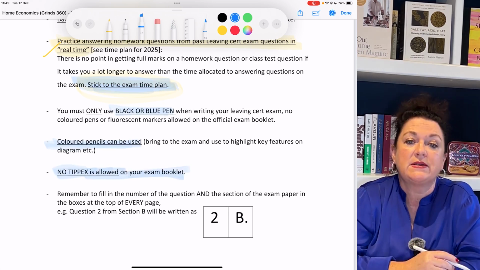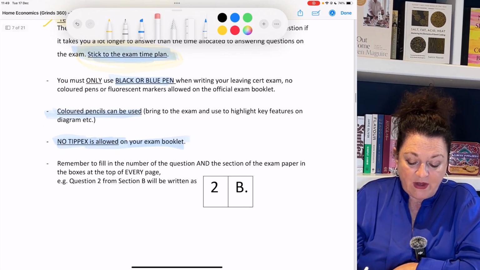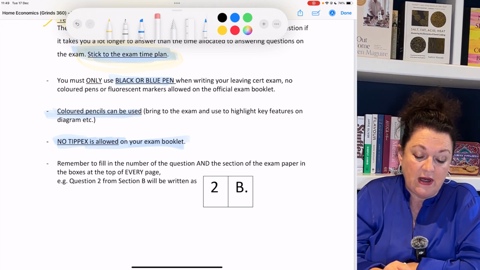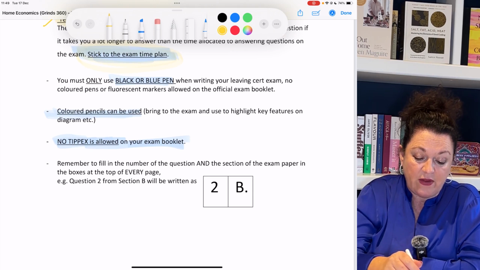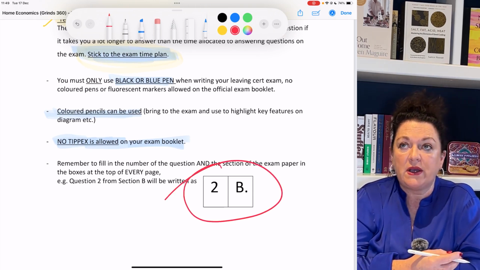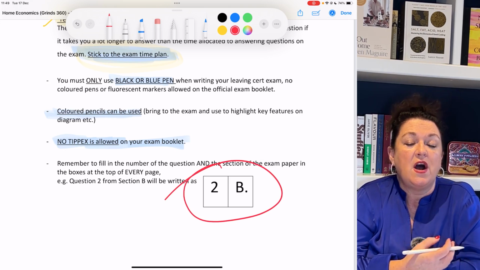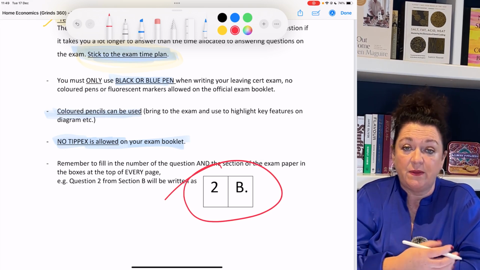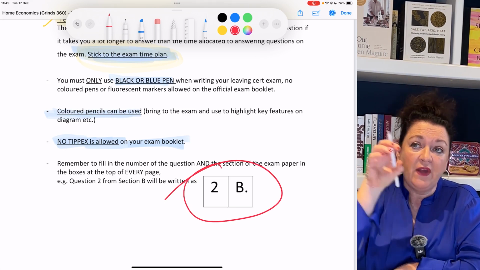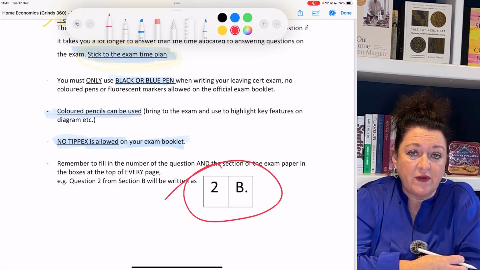Absolutely no Tipp-Ex allowed in your exam booklet. Now, this is something, I suppose it's nearly a pet hate of mine at this stage, and that is where, particularly when students are going through their mock exams for the last few years, I have to, I suppose, say to them, this is an indication you did not read the instructions to the candidate before the exam.